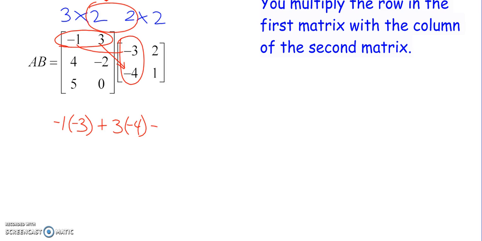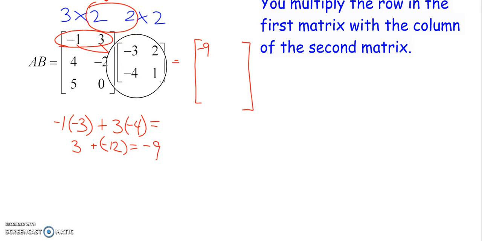I total that up and get one singular answer. So you think of this as 3 plus negative 12. This answer is negative 9. That is part of my answer in my matrix. Because I've used row 1 and column 1, that answer goes in row 1, column 1.